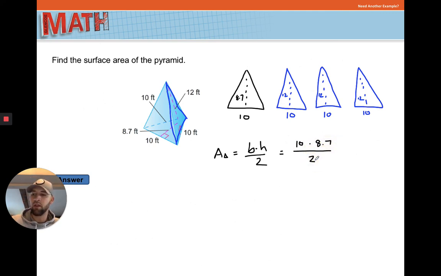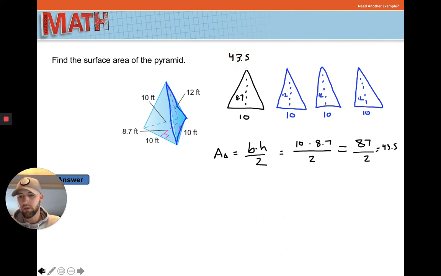If you throw 10 times 8.7 in your calculator, you should get 87. Then we do 87 divided by 2, and you will get an area of 43.5. So the area of my base was 43.5.